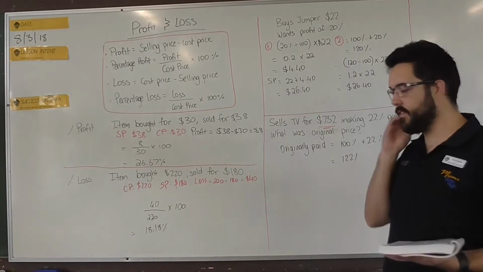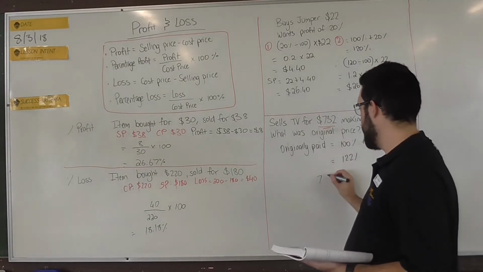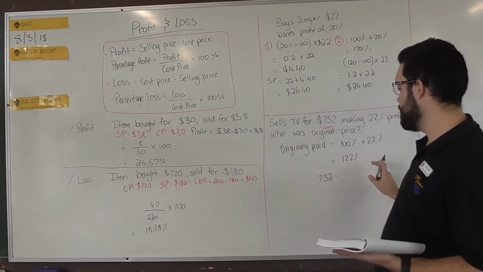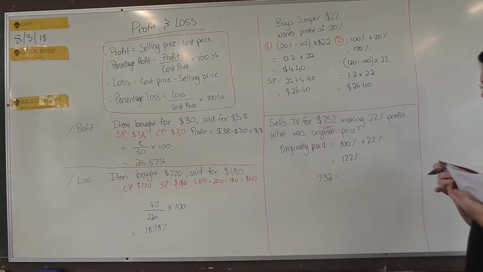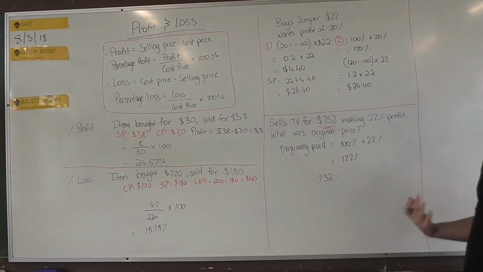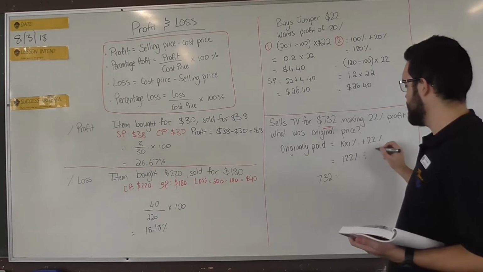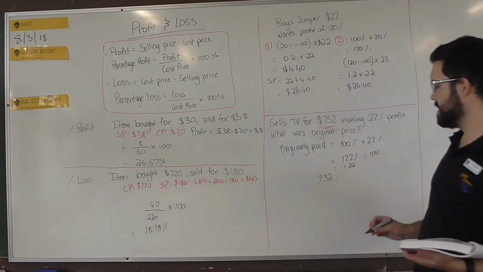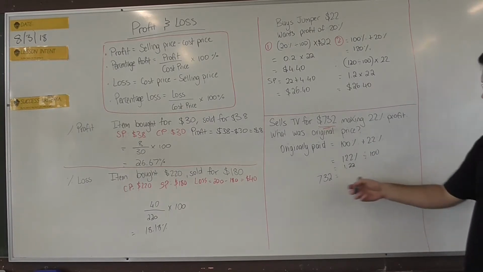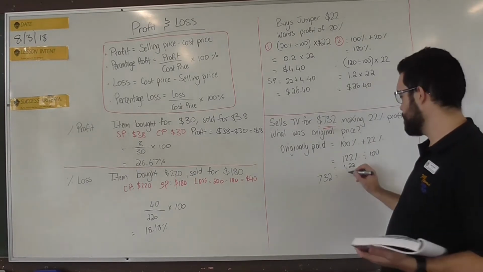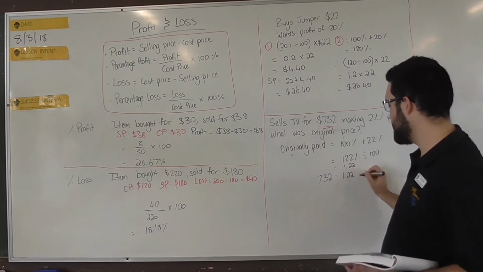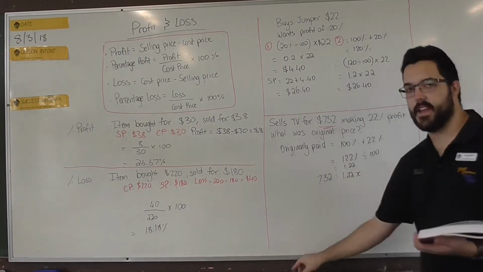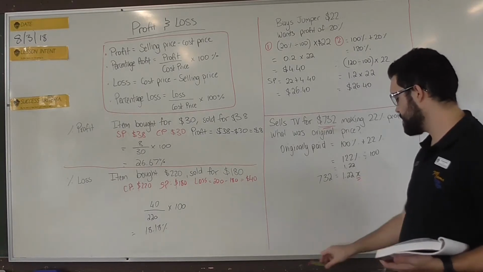So let's write an equation for that. We know that $732 is equal to 122%. So we're actually going to convert this to a decimal. I divide that by 100, and it's going to equal 1.22. So we're working with decimals. We know 732 is equal to 122% of whatever our original price is. I've let our original price here just equal X. Okay?